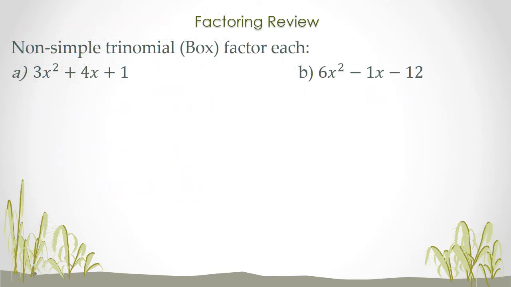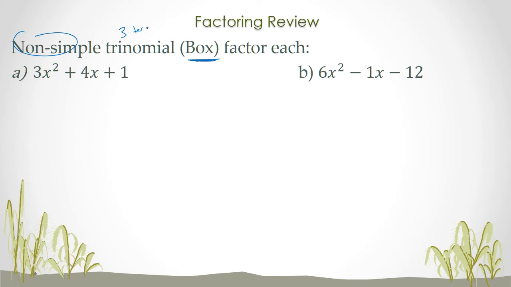A non-simple trinomial. So there's 3 different ways you can do this. And we're going to start with the box method, which I kind of already showed you. How do you know this? Well, first of all, trinomial, right? So we got 3 terms. How do you know it's non-simple?